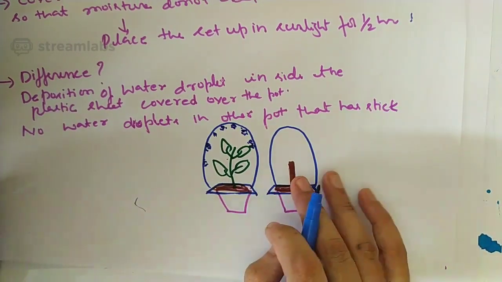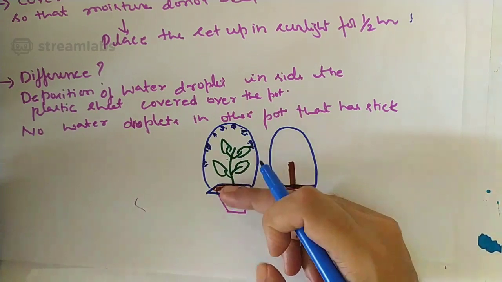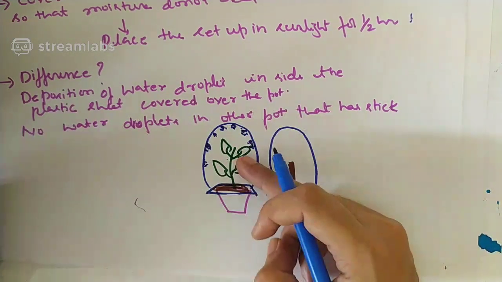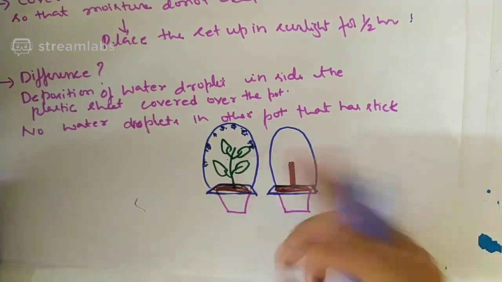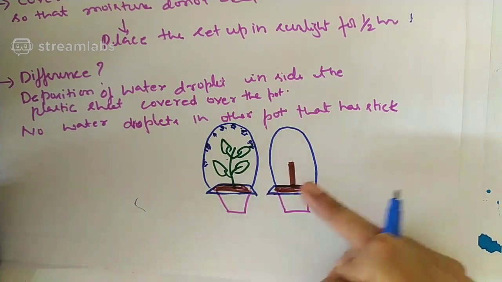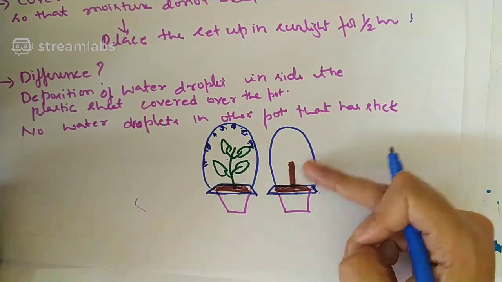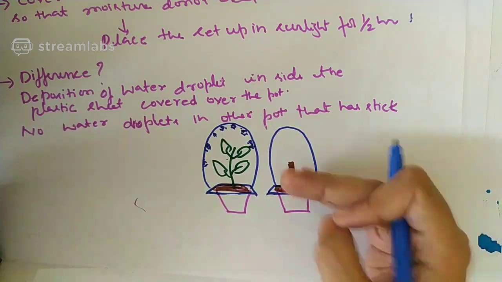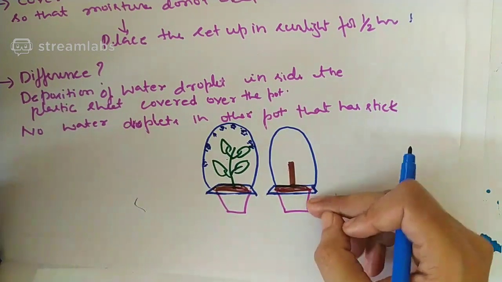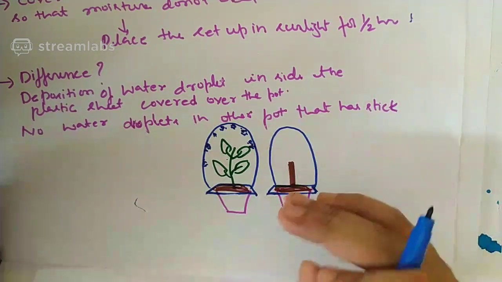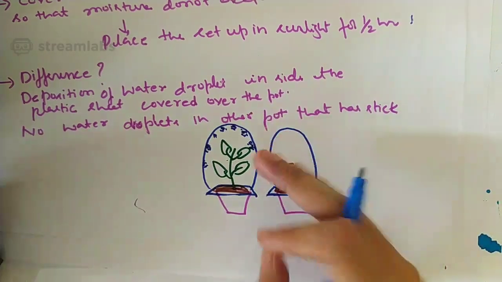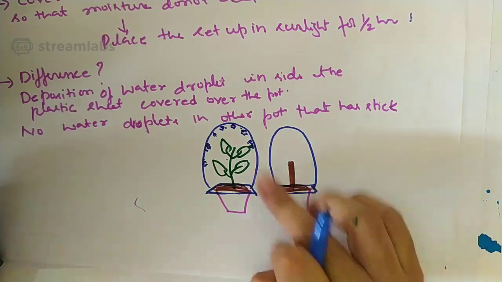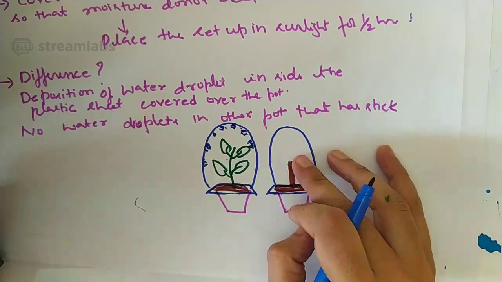This indicates that in the plant where leaves are there, transpiration has taken place, loss of water in the form of vapor when it is placed in the sunlight. But here there are no leaves. It is just a stem which is cut, or just a stick placed in the pot. There are no leaves, so there is no transpiration. When there is no transpiration, water droplets are not collected inside this polythene sheet.